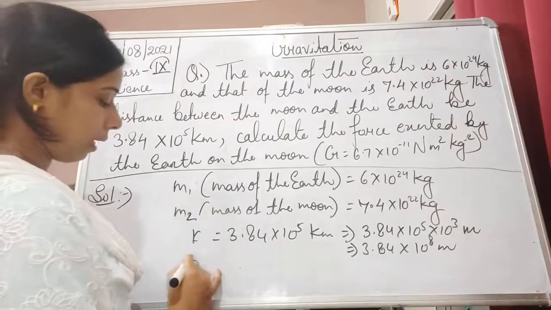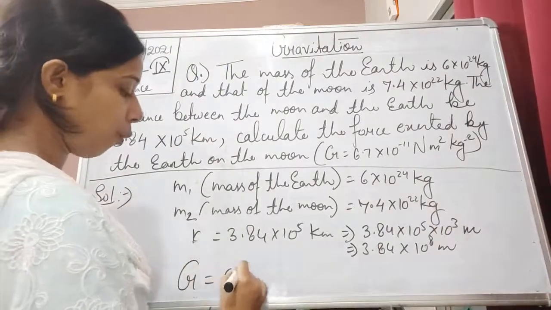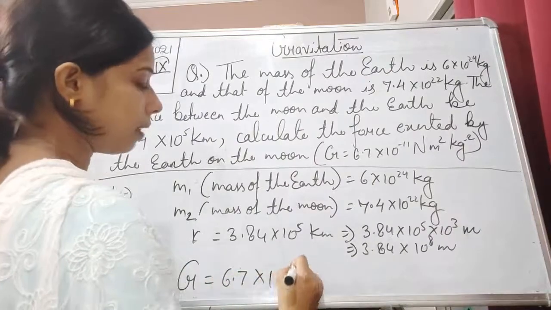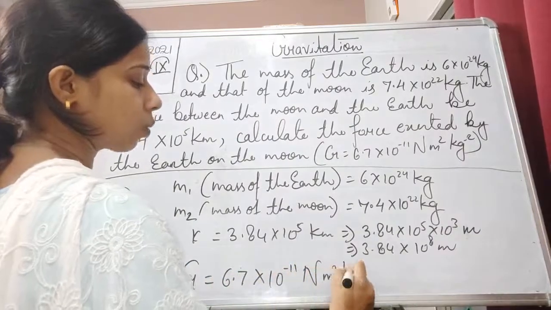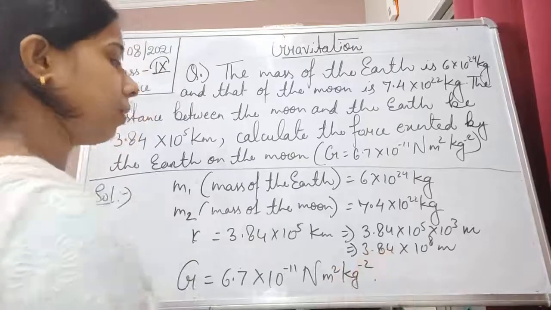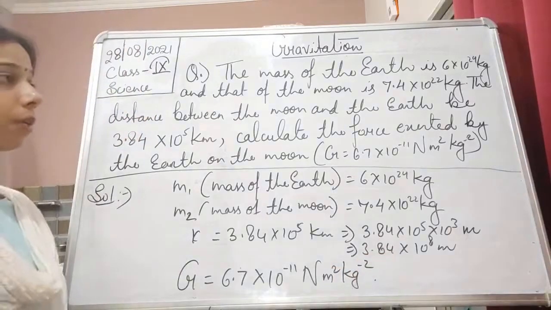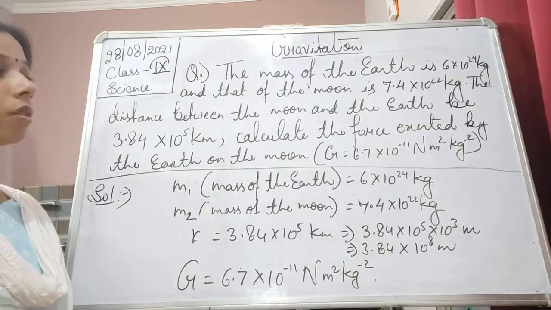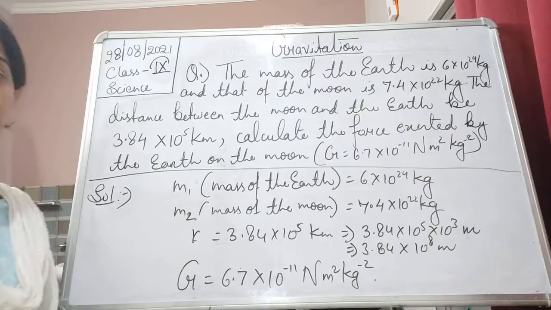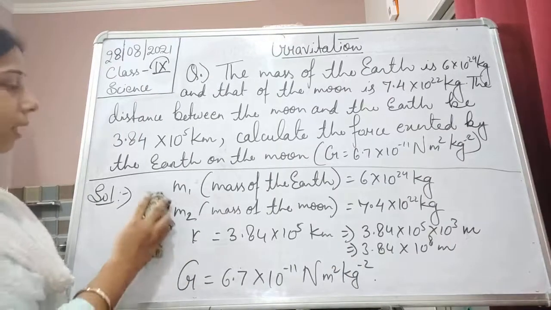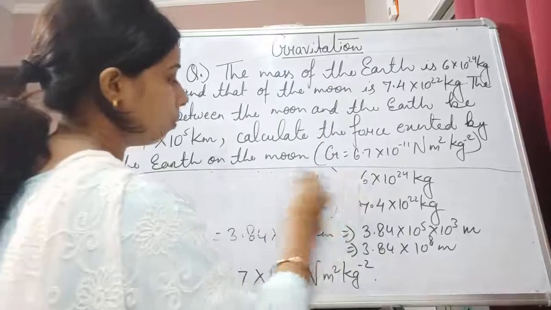Then capital G is equal to 6.7 into 10 the power minus 11 Newton meter square per kg square. These are the values given in the question. Now let us find out the force exerted by the earth on the moon.